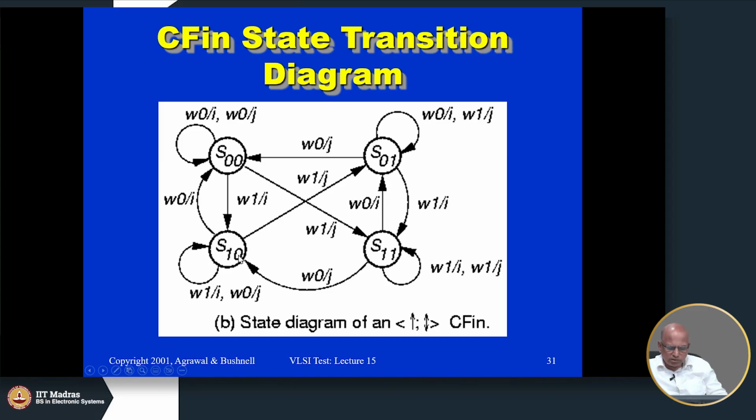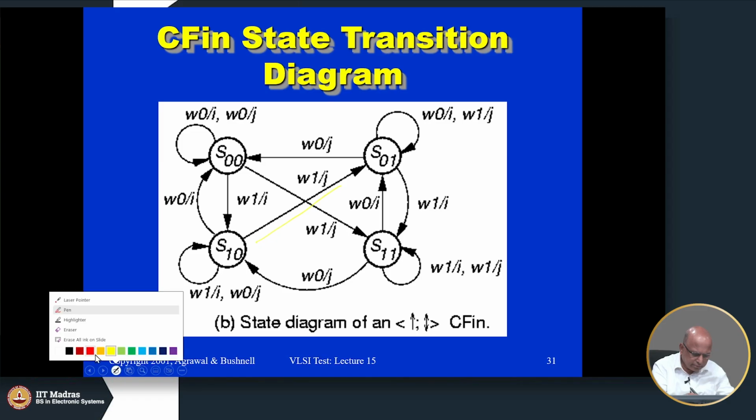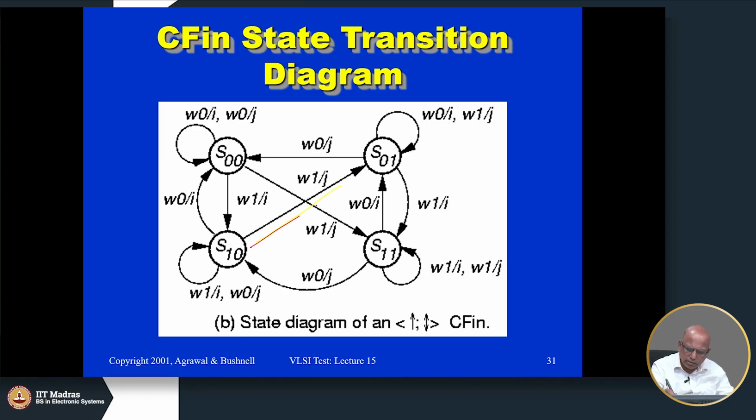So, suddenly from 1 0 we are going to 0 1. So, this is an example of a CFIN, okay, and it is of this form. So, j is going from 0 to 1 causing I to flip.